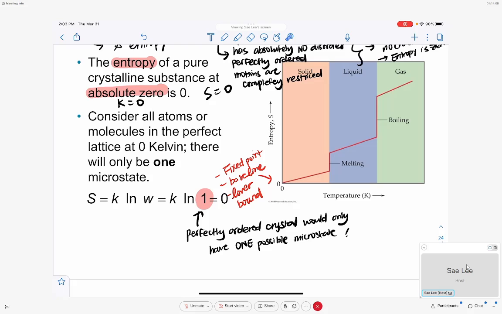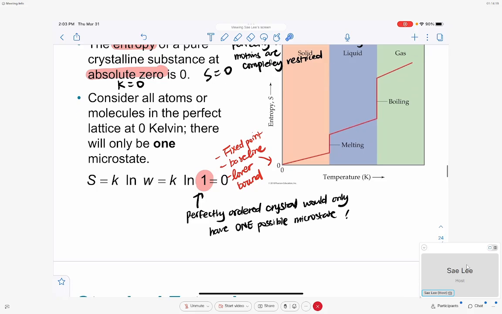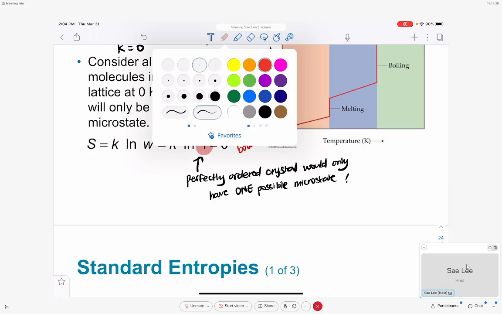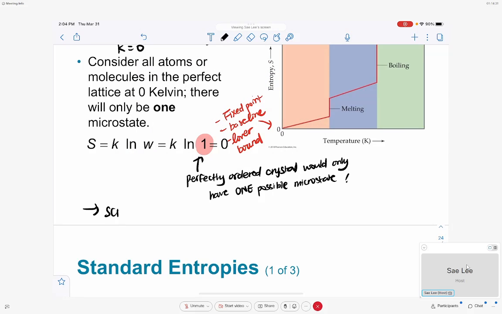Scientists came up with complex math to calculate entropy values by measuring how the heat capacity of a substance varies with temperature, but we do not need to know that math in this course. Using that equation, they measured the entropy of various substances at 298 Kelvin, which is room temperature.